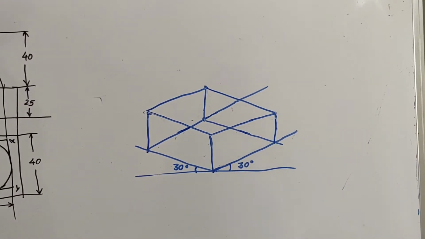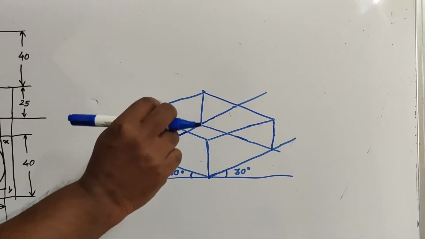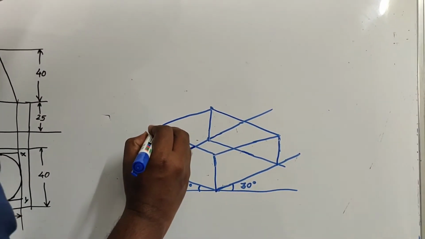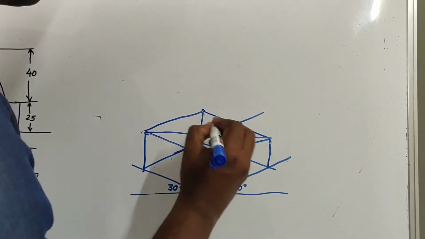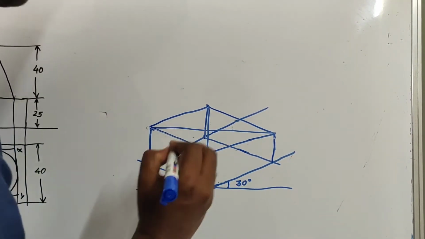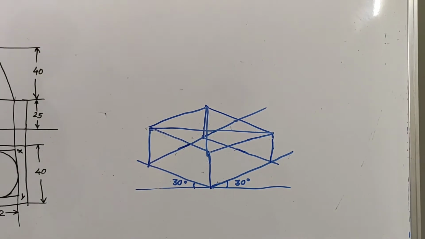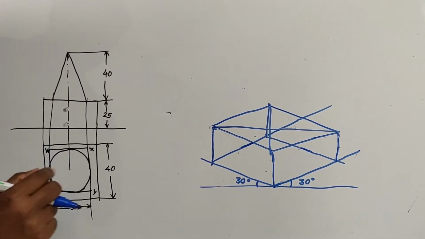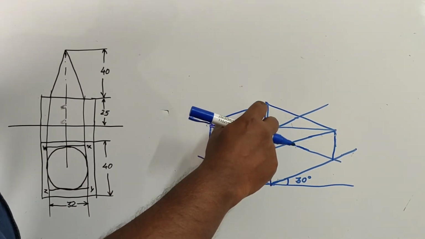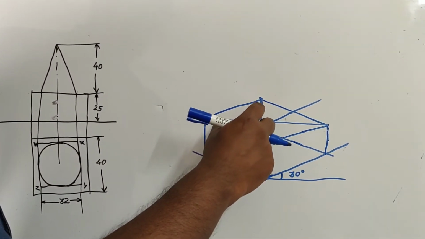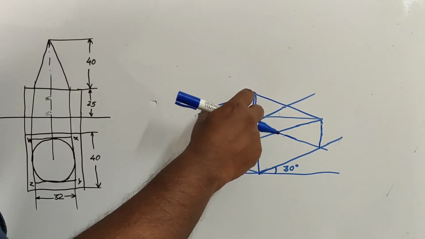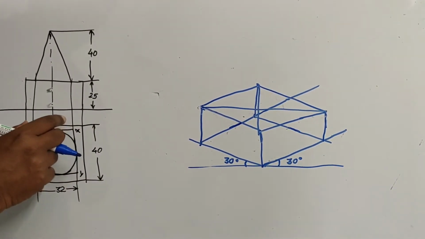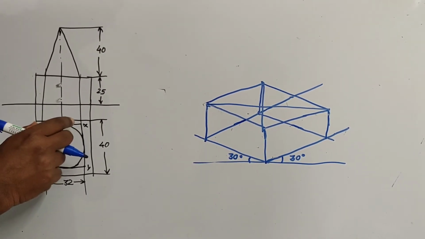So next we have to draw the cone on top of this. For that, you can draw the diagonals initially. After drawing the diagonals, you have to keep this particular W X along this in between these diagonals and which is parallel to this one. So the same dimension you have to take, that is 32. 32 will be one side of this.